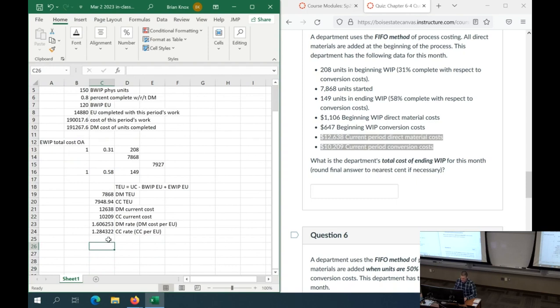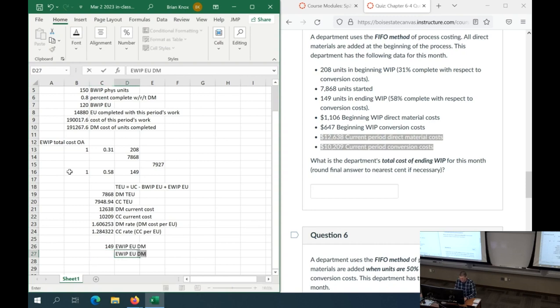Now it's a pretty simple matter. We need to cancel out the equivalent units from the bottom of each of these rates, so we multiply by an equivalent unit number. The equivalent units of ending work in process with respect to direct materials is 149 times 1, which equals 149.